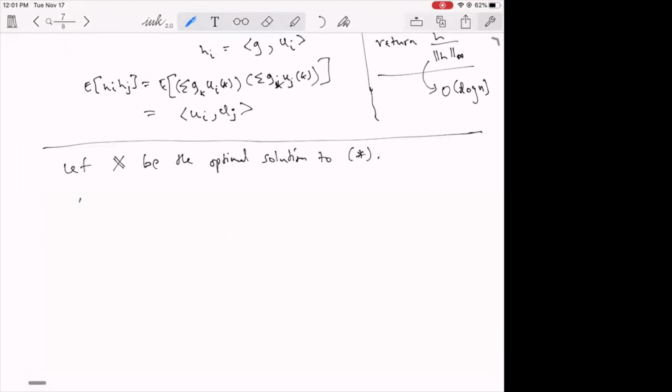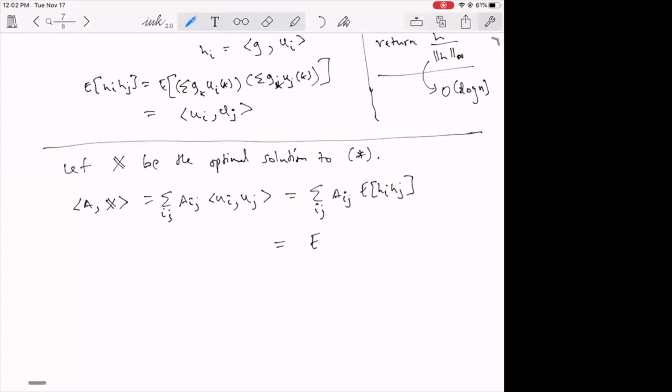Then we have A inner product X is equal to summation over ij A_ij U_i inner product U_j, which, as we showed earlier, is equal to summation over ij A_ij expectation of H_i H_j. Okay, which of course is equal to the expectation of H inner product AH.